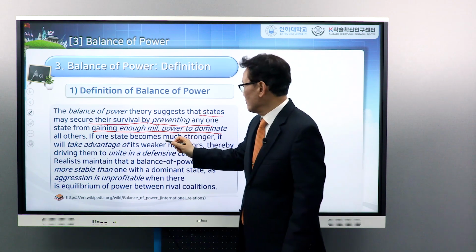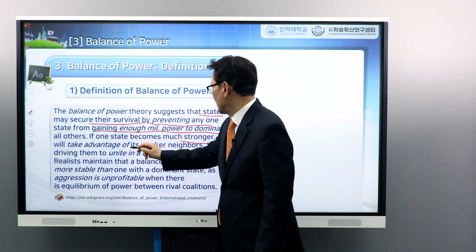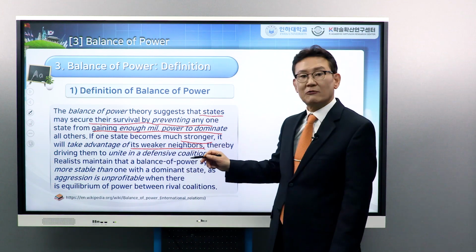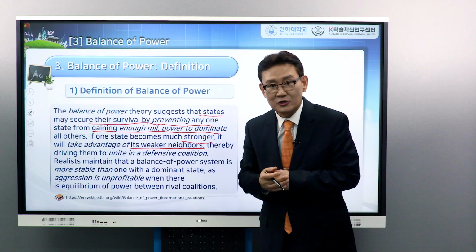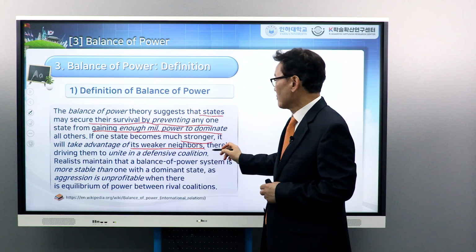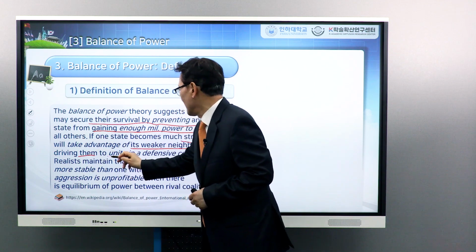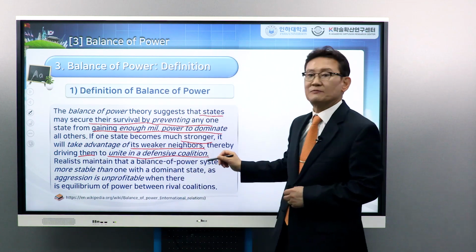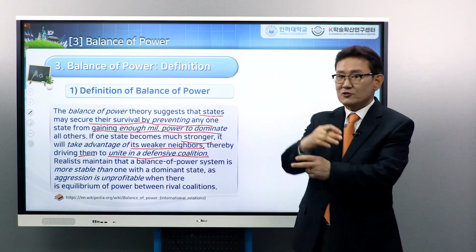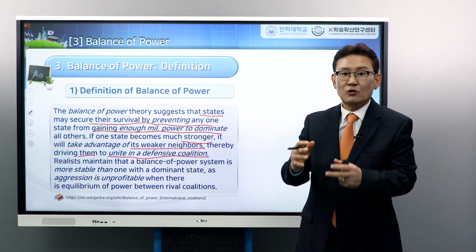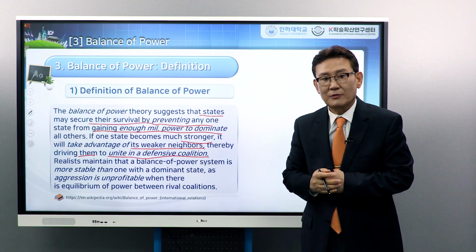If one country becomes much stronger, it will take advantage of all weaker neighbors, manipulate weaker countries, right? So this action drives the weaker countries to unite in a defensive coalition. If one country increases power, other countries get together to defend, making a defensive coalition.